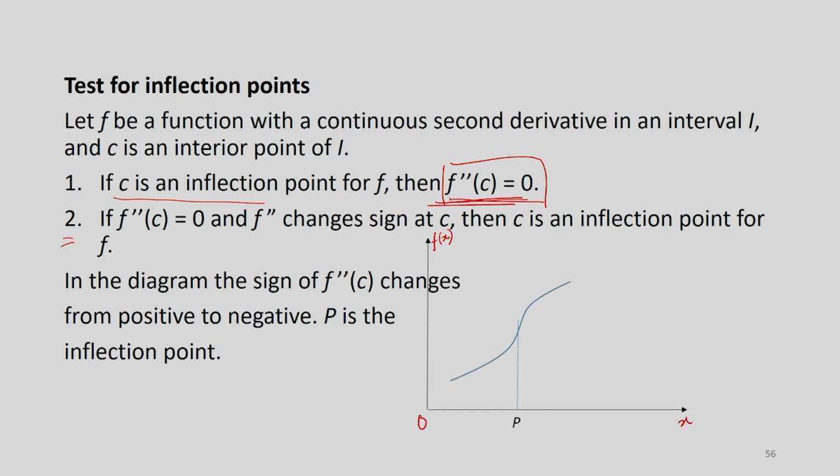So, this is the sufficient condition. Here is a diagrammatic exposition of what we have written, and this we have seen before also, that at this point P is the inflection point here.